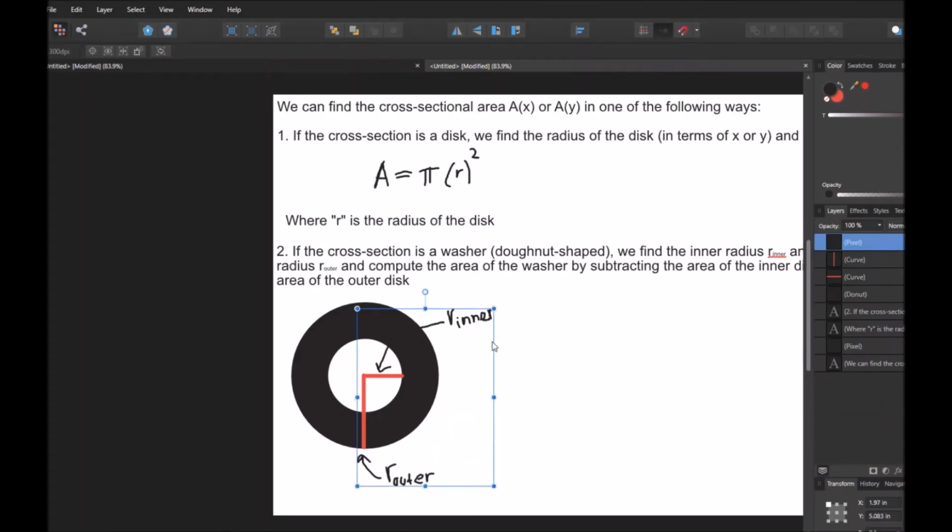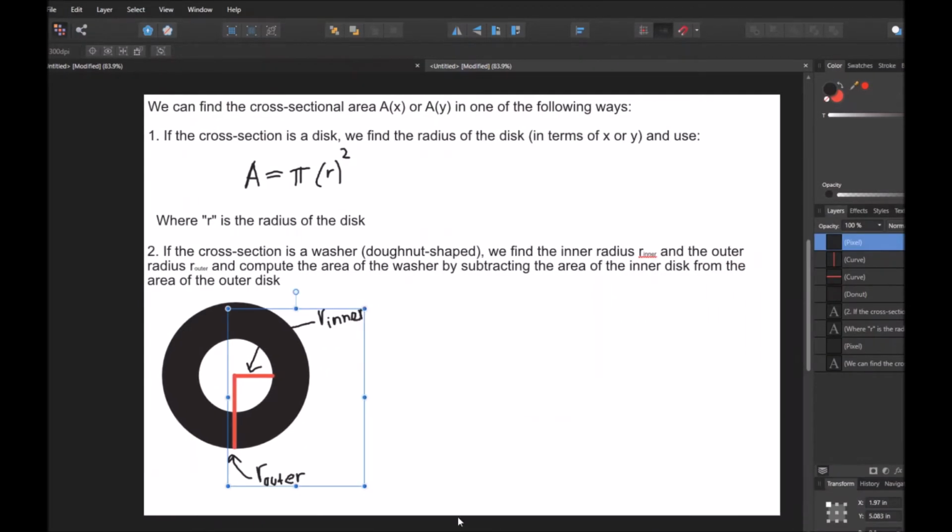And then if we look over here, we have some more information. We can find the cross-sectional area A of x or A of y in one of the following ways. If the cross-section is a disk, we find the radius of the disk in terms of x or y and use A equals pi times the radius squared.